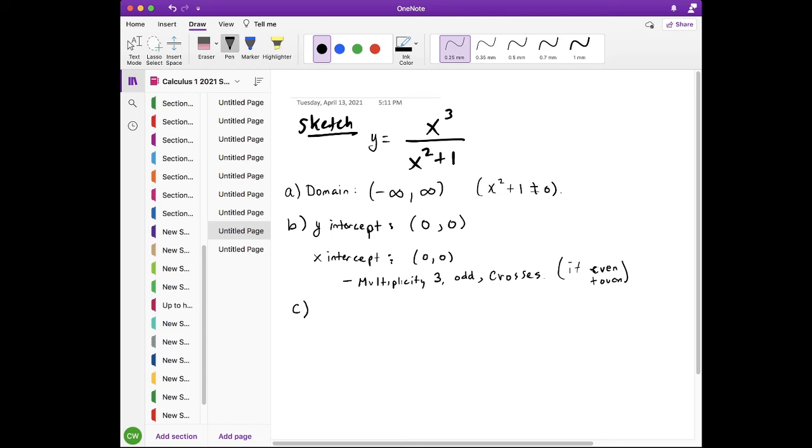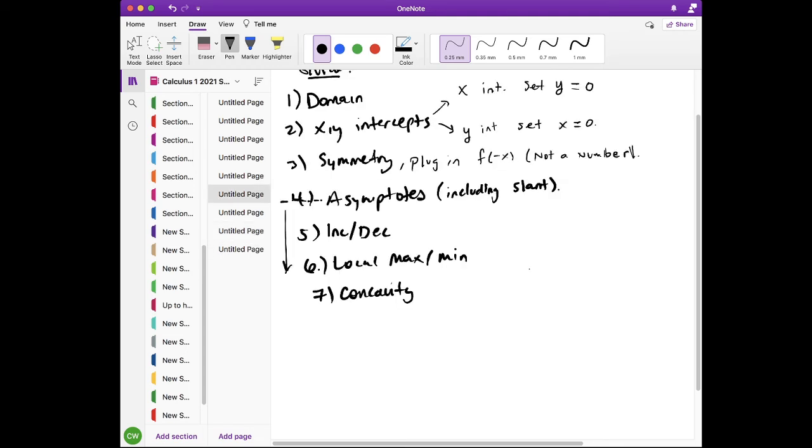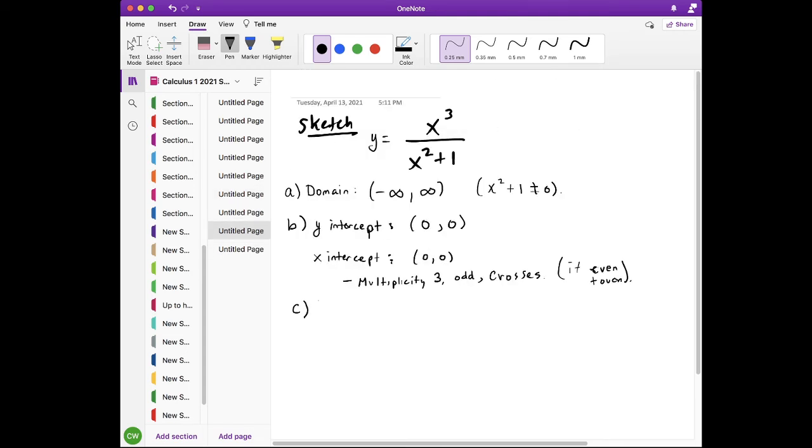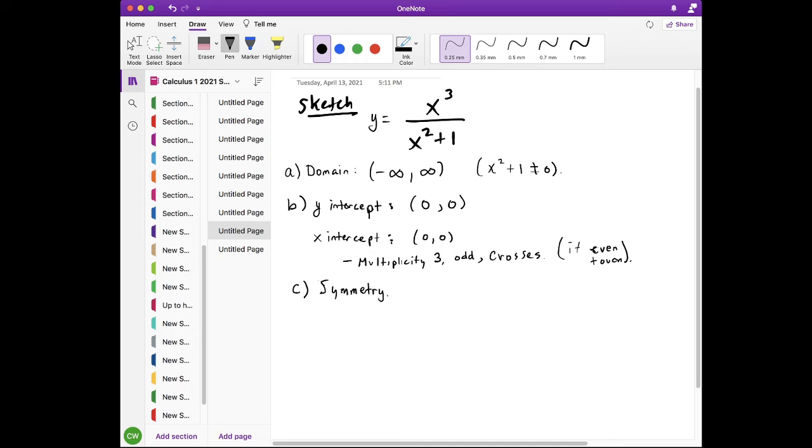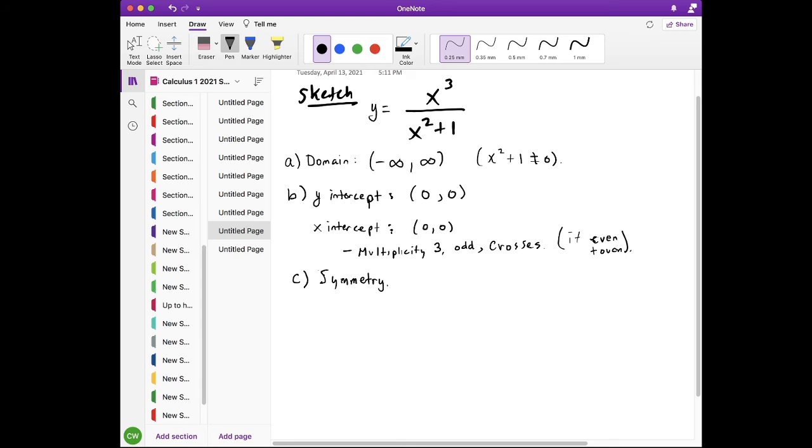Okay. What was C? Symmetry. How do you find symmetry of this? What do you do? Good, you always plug in negative x. There's really always one step for symmetry.